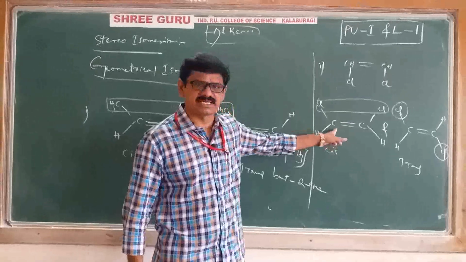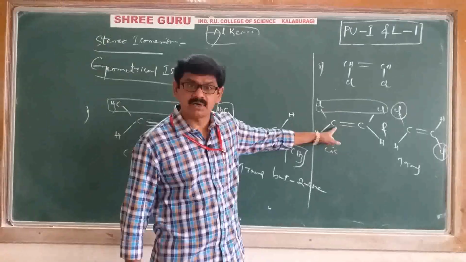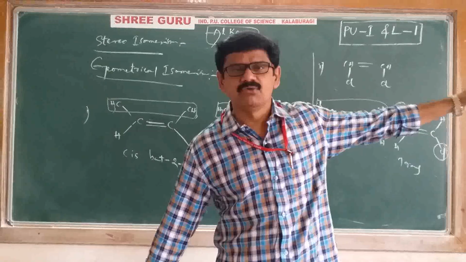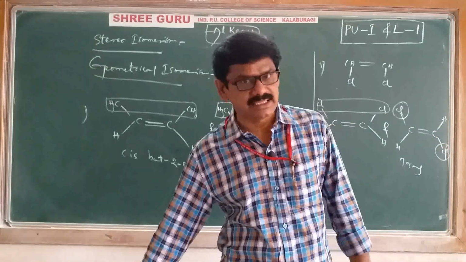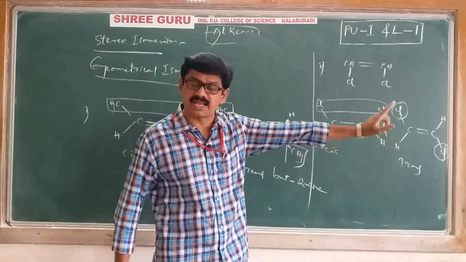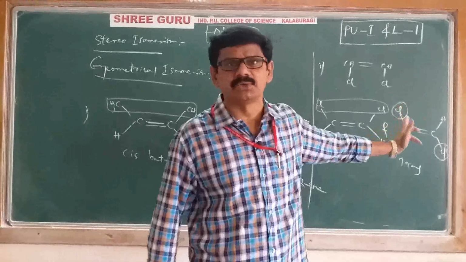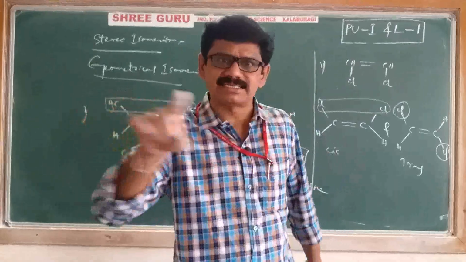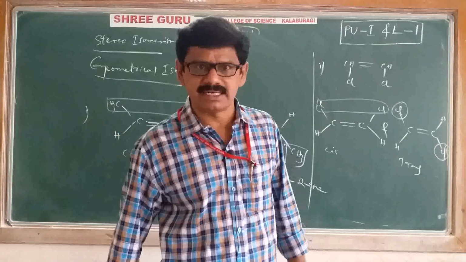Its complete name is cis-1,2-dichloroethene, and the other is trans-1,2-dichloroethene. The cis form cannot be converted into the trans form, and the trans form cannot be converted into the cis form, due to restricted rotation across the carbon-carbon double bond.